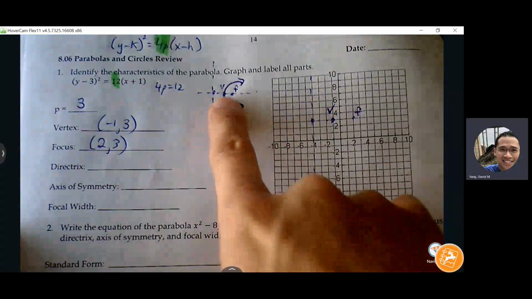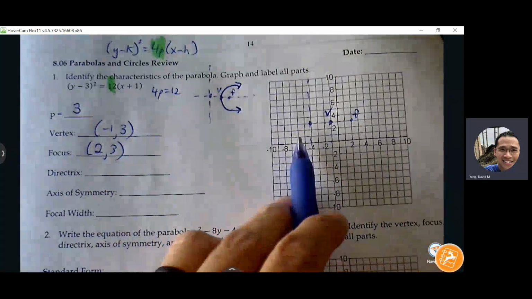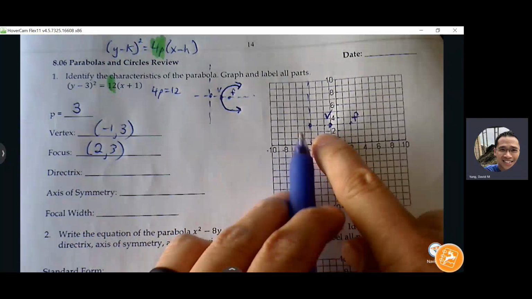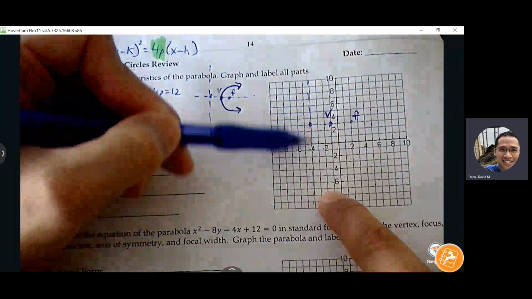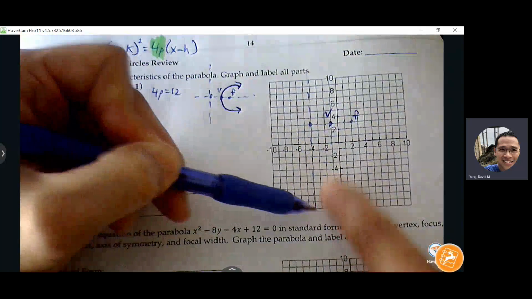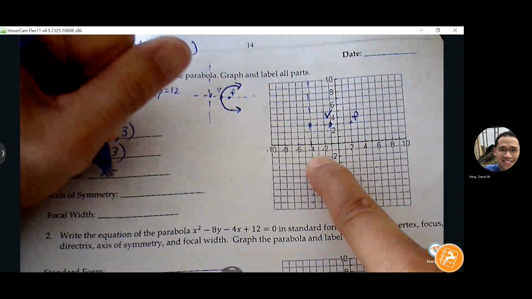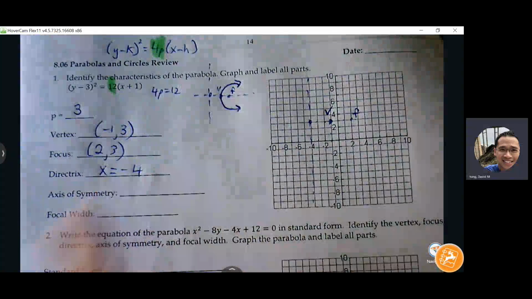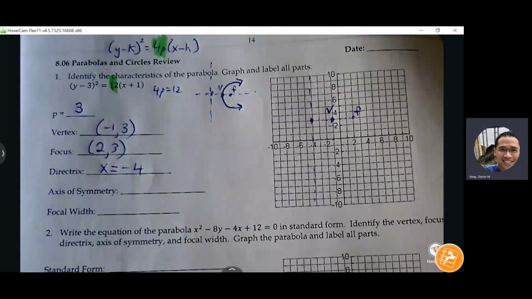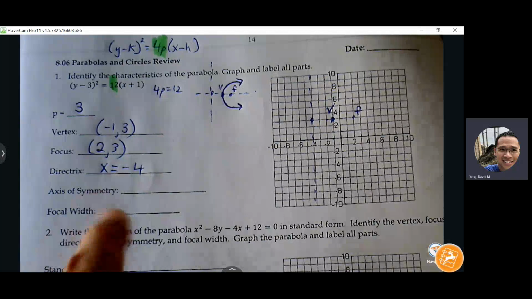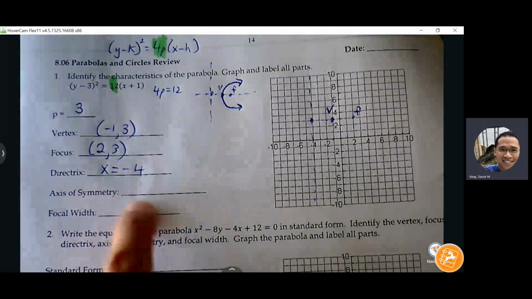Directrix is not a point. Make sure that you don't identify directrix as an ordered pair. I just plot a point here so that I know where to draw that vertical line. And for your directrix and axis of symmetry, make sure you don't just provide a number. You've got to give me the equation of a vertical or horizontal line.